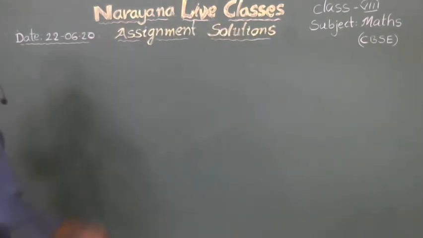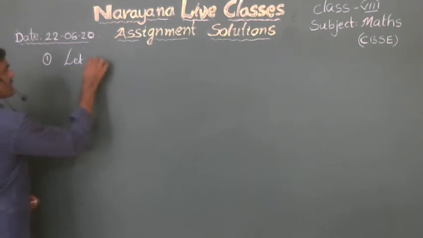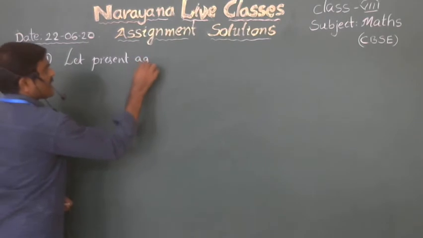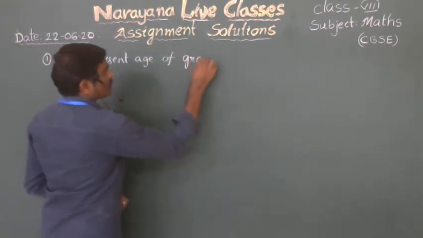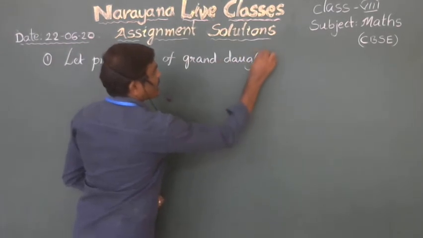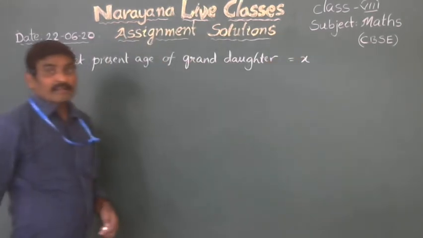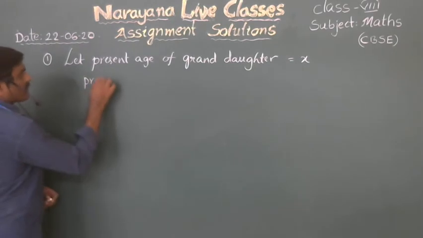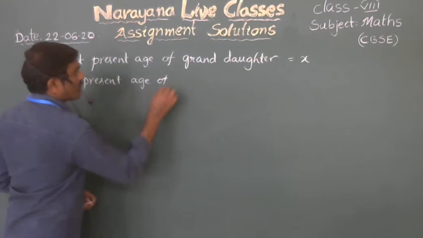That's why let us assume the present age of the granddaughter is x years. Then the present age of grandfather.